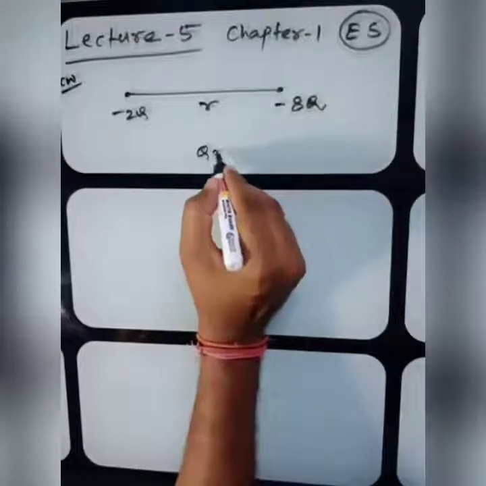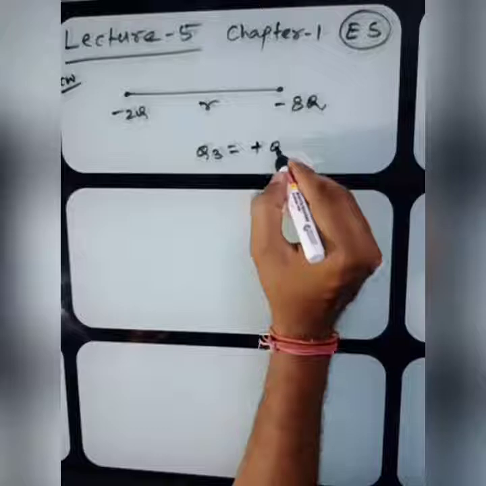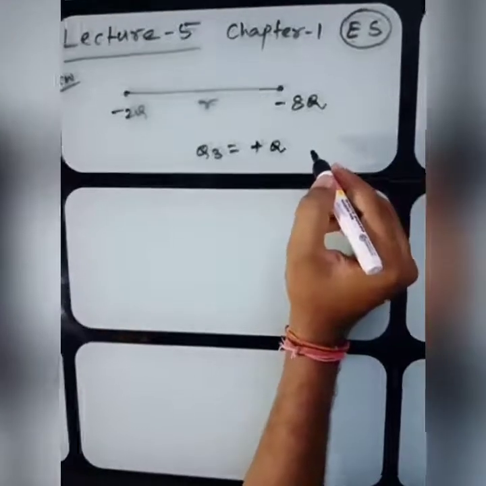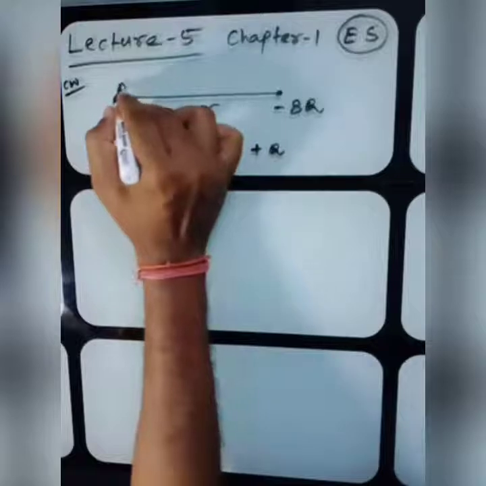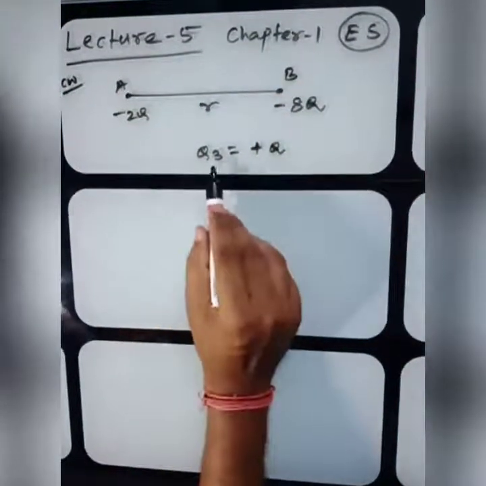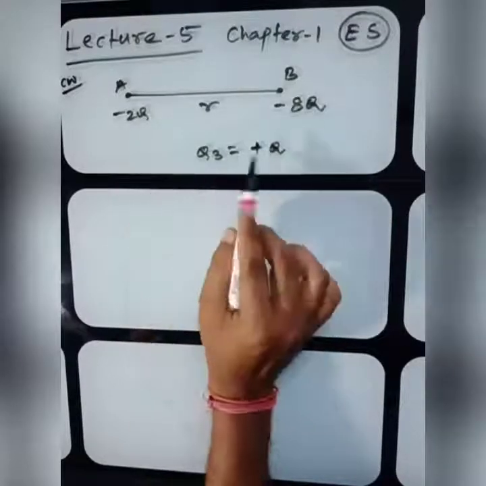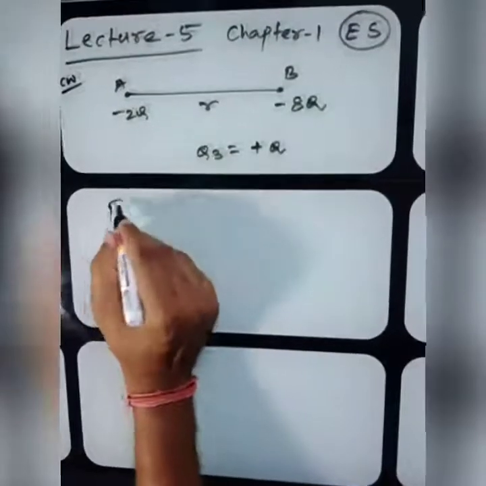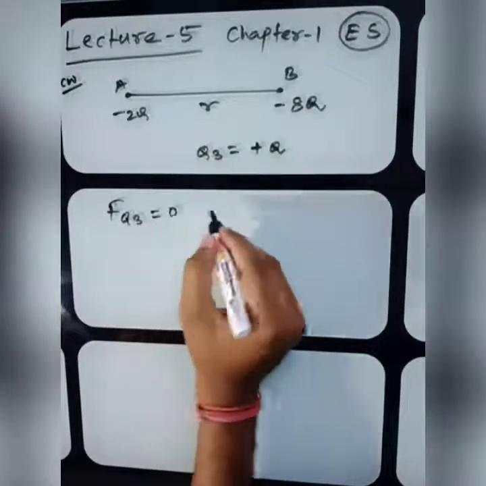The third charge is plus q. Now you have to find the position. This is the charge A and B. Where should this third charge Q3 be placed on the line joining AB so that it experiences force 0?